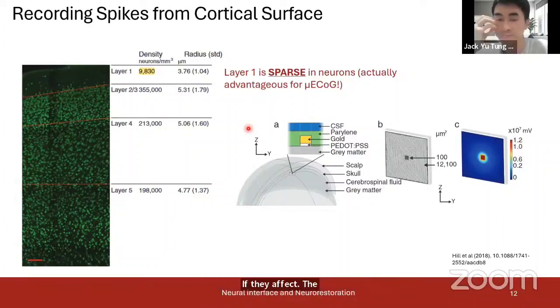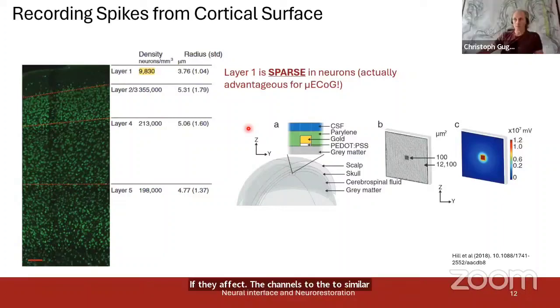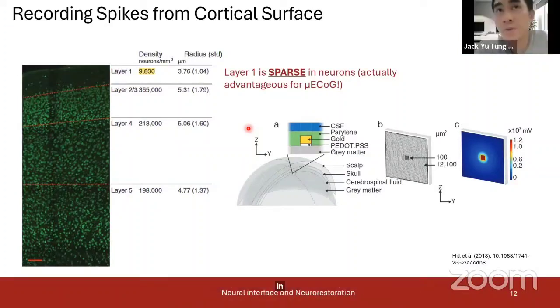Then Martin is asking, how widely used is this technology currently? In clinical practice, not that I'm aware of. I don't think there is. I may be wrong, but I'm not aware of any human patient BMI or BCI applications with micro-electrocorticographic arrays.